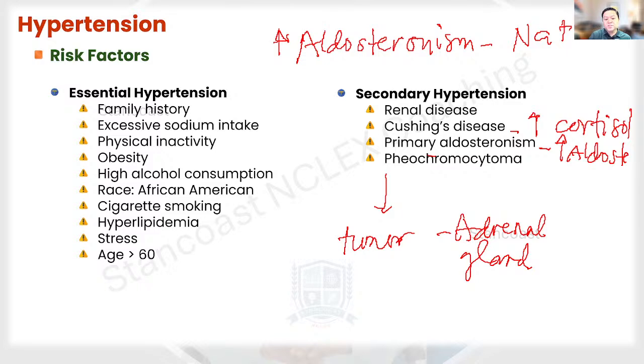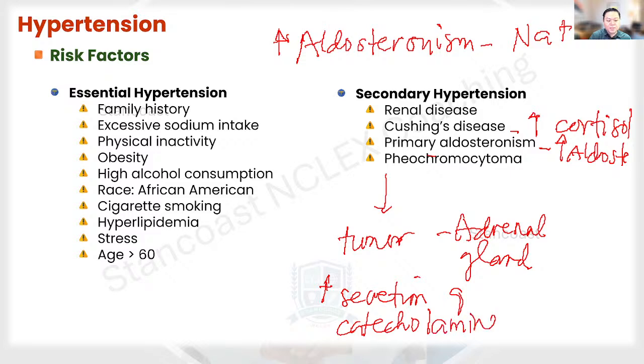And this is going to increase the release of the catecholamines. If there is that tumor growth in the adrenal gland, there will be increased secretion of catecholamines. What are these catecholamines? Do you remember about the norepinephrine and epinephrine? And remember, once the catecholamines are released into the bloodstream, this can lead to hypertension, right?